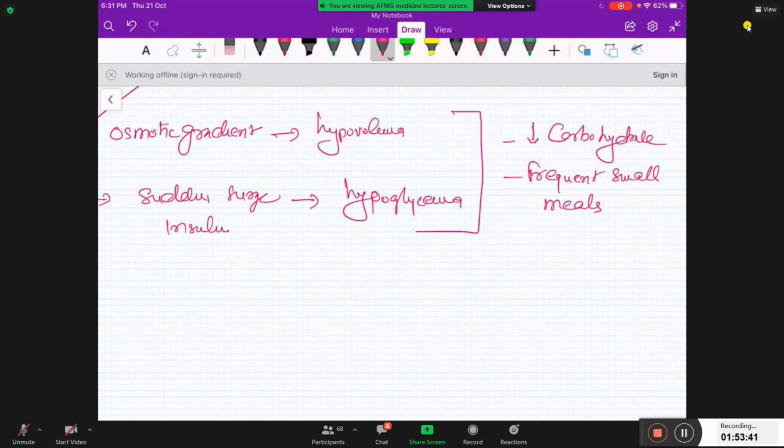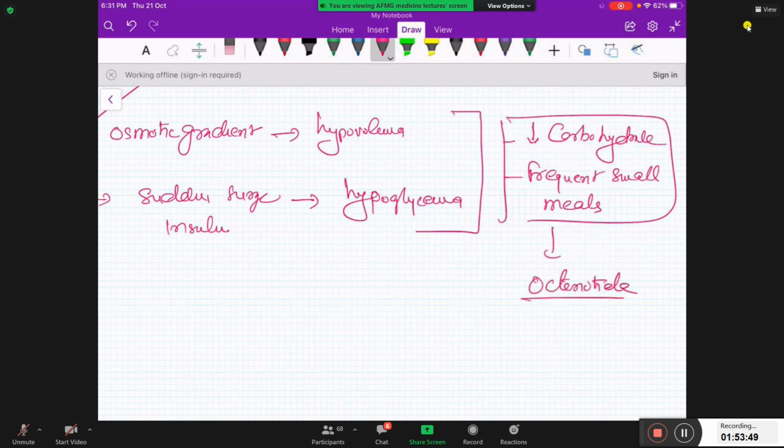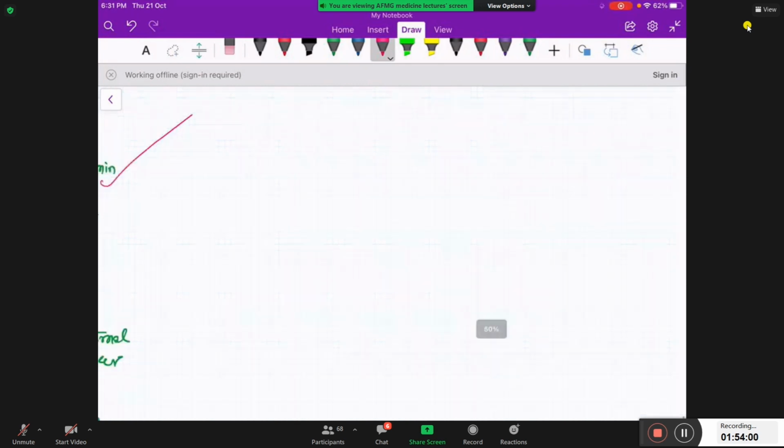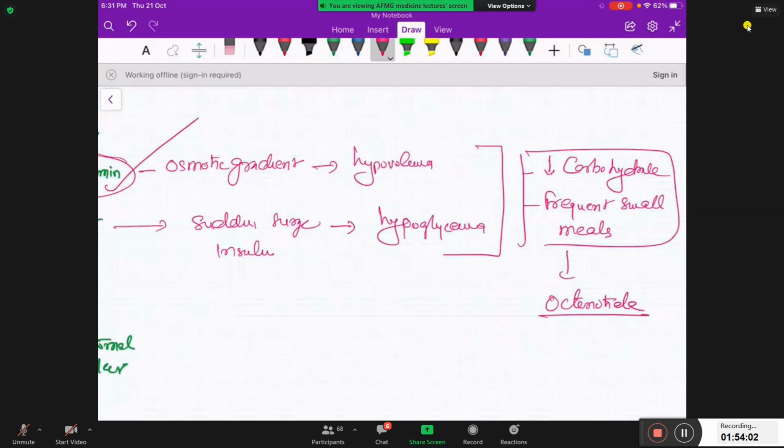And if this is not helping out, we may add octreotide also. So this is the treatment of early and late dumping, the treatment of dumping syndrome. And this is what post-gastrectomy problems are.